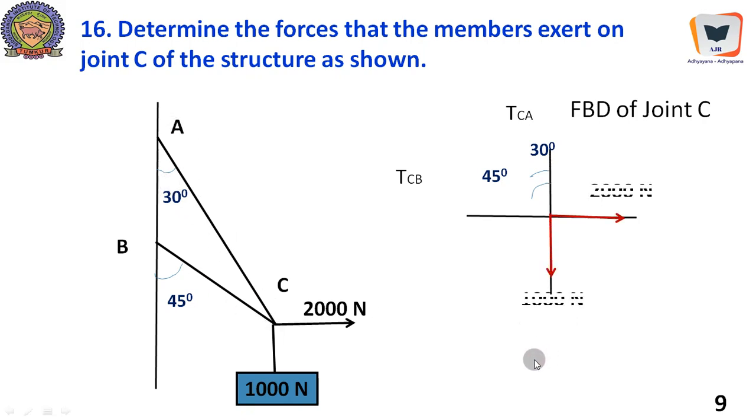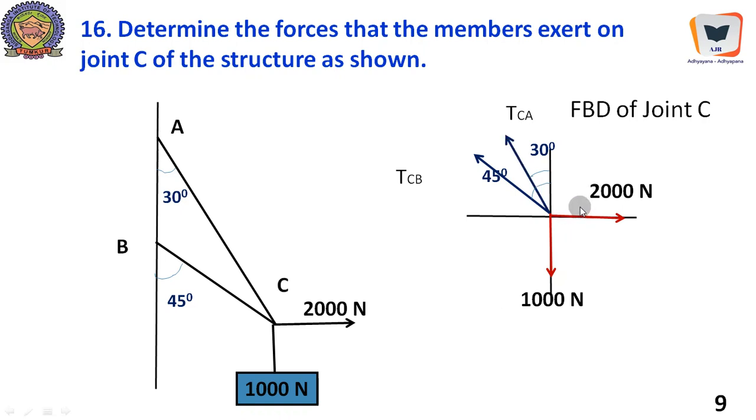Initially, it's really tricky to guess whether CA is in tension and CB is in compression, or CB is in tension and CA is in compression, or both of them are in tension or both in compression. So in such cases, if we find 2 or 3 members with unknown forces at a joint, it's better we assume them to be under tension.